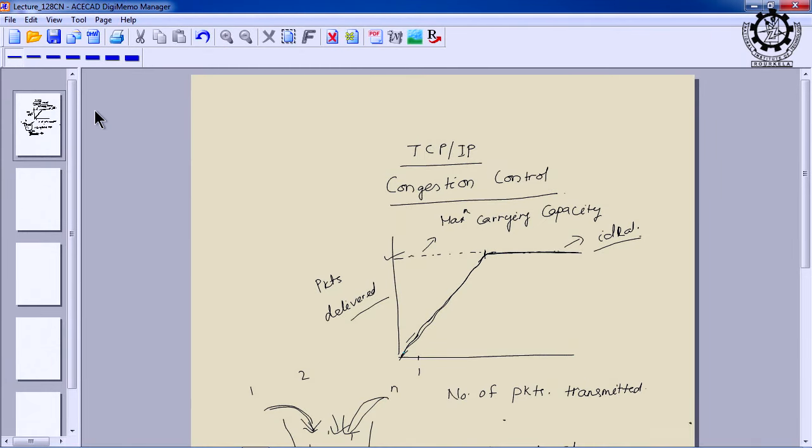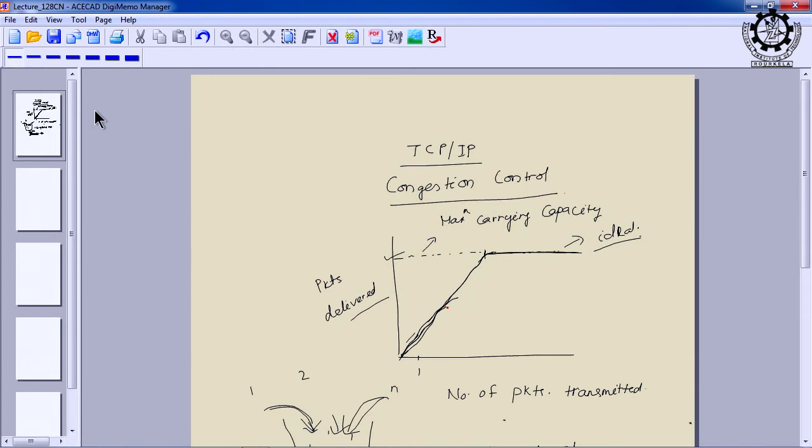They will go on sending, the number of packets will be too high, and they will not be able to be transmitted and there will be packet loss, again retransmission, again packet loss, the buffer is not able to handle. So ultimately you have a completely inefficient transmission.